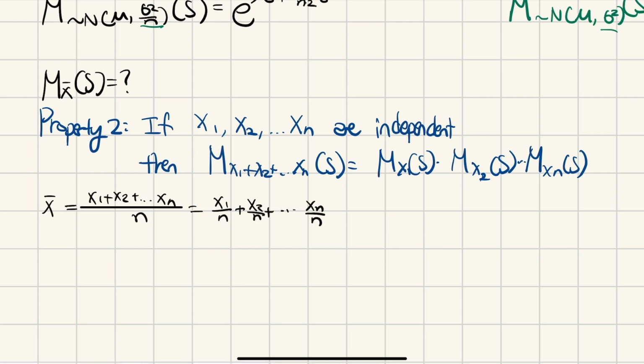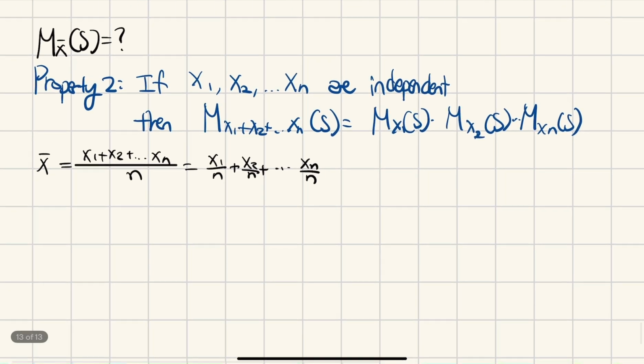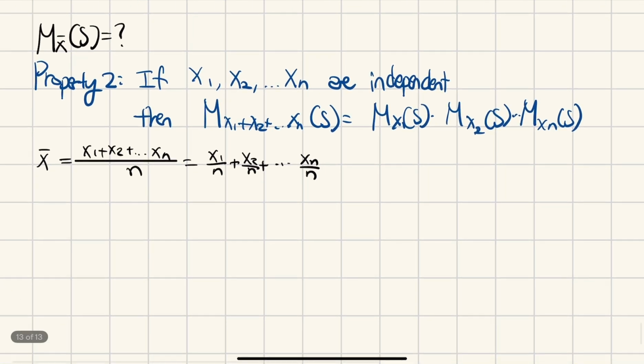This is like a simple addition rule. Then the moment generating function of x mean, which is what we want to find, equals the moment generating function of x1 over n plus x2 over n plus all the way to xn over n.